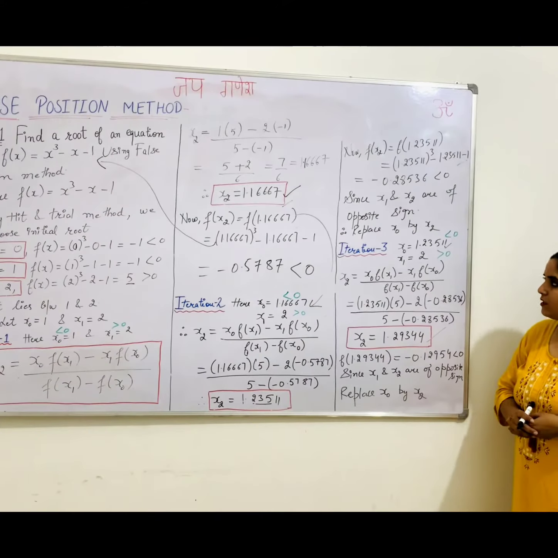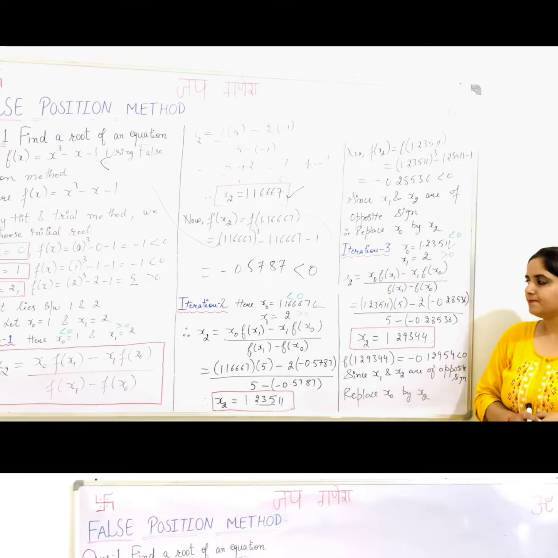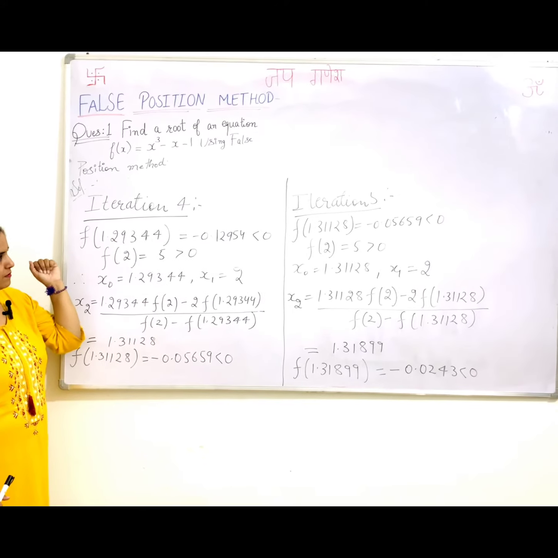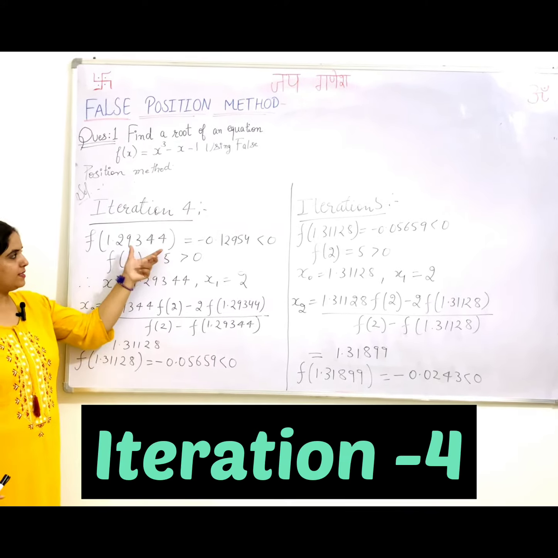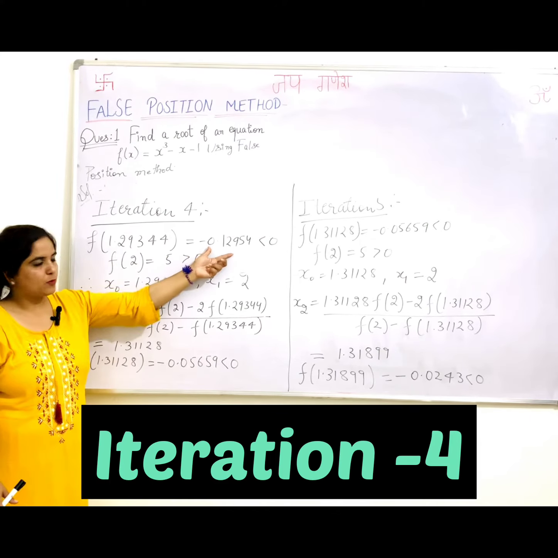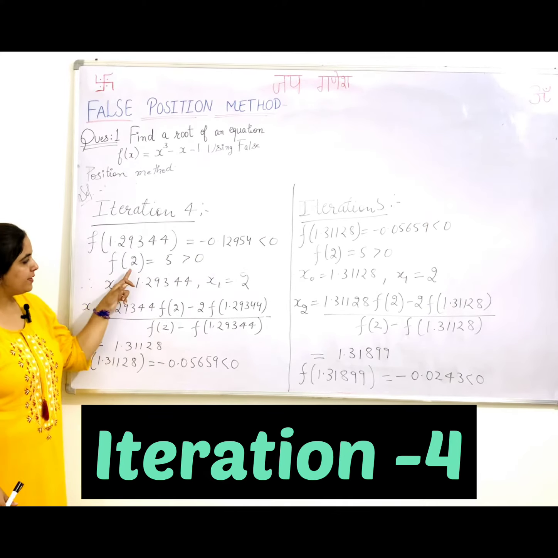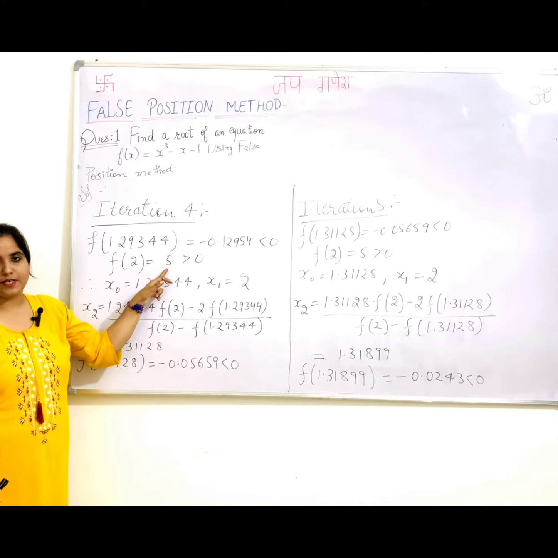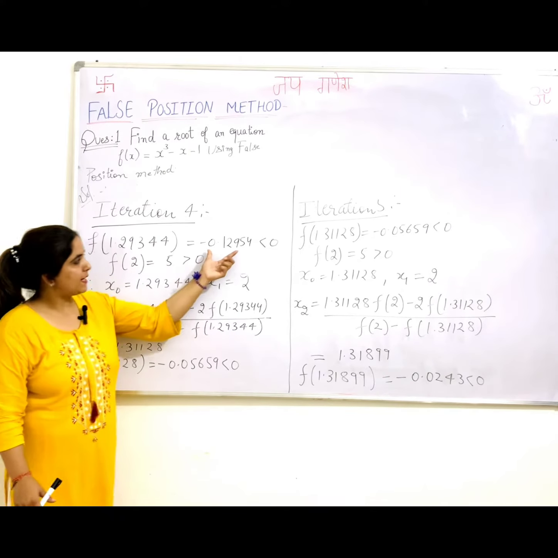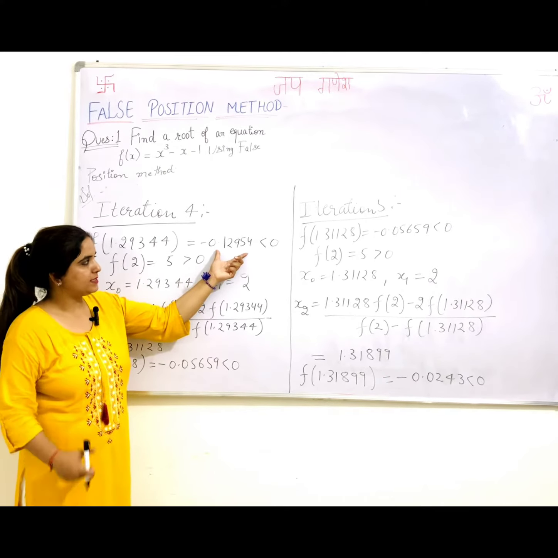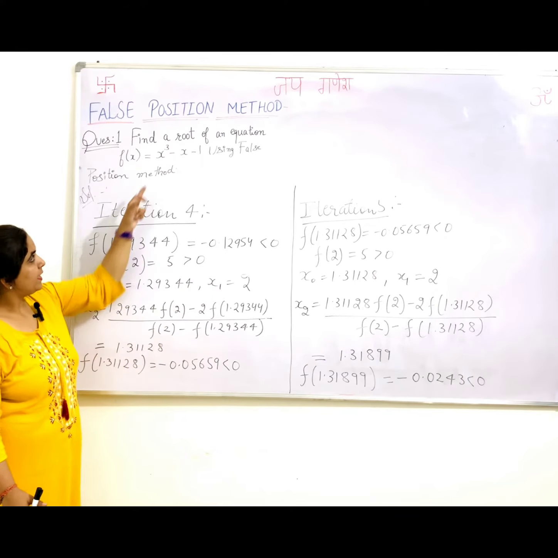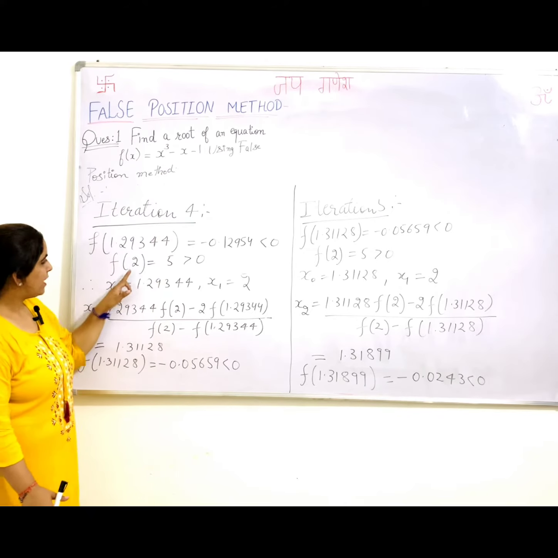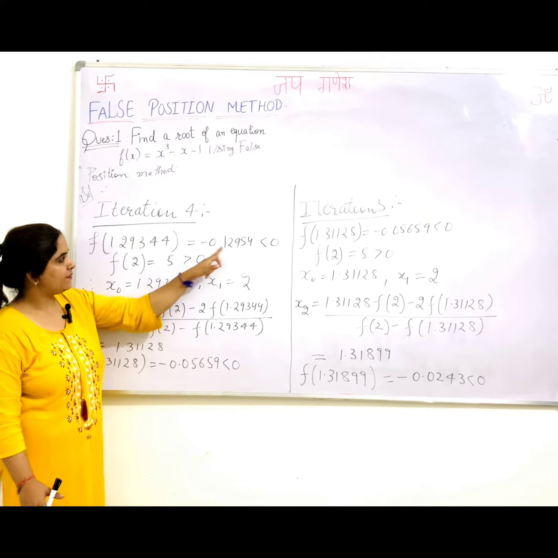So let's move to the iteration 4 after this. So in the iteration 3, we have stopped at 1.29344. So answer comes up to be negative. So it will be combined with that value which is giving us a positive answer. So obviously this minus 0.1294 has been solved by substituting this value in the given equation. So f of 2 is 5, positive, this is negative.